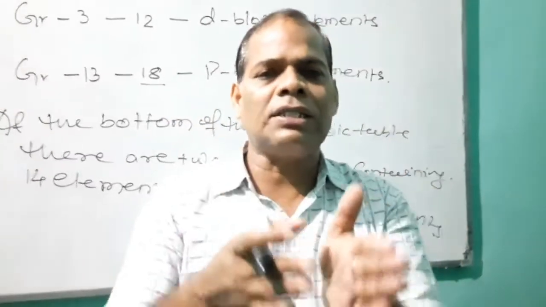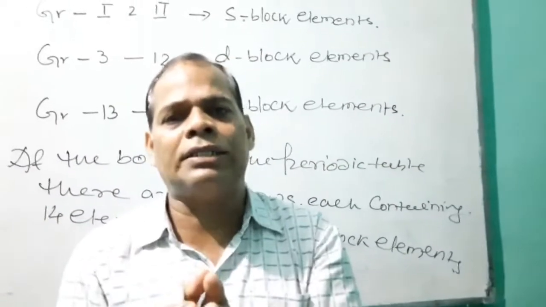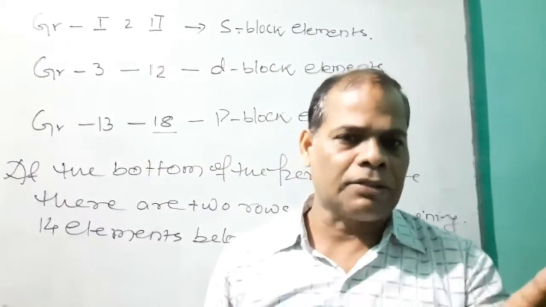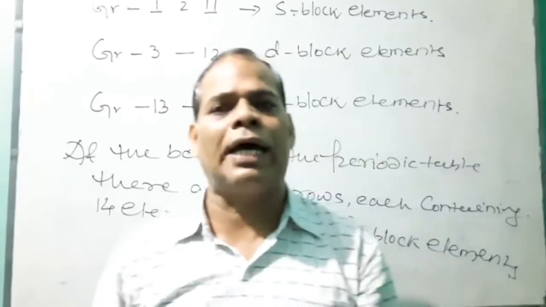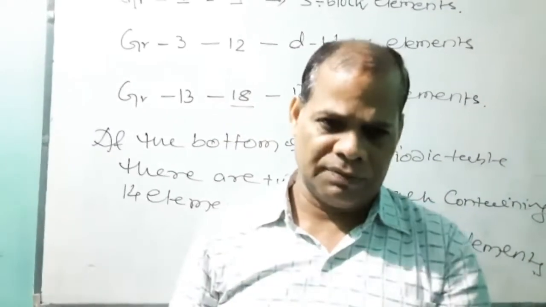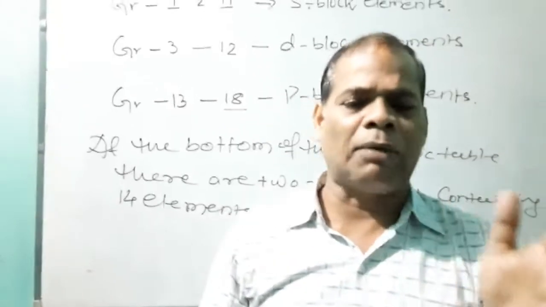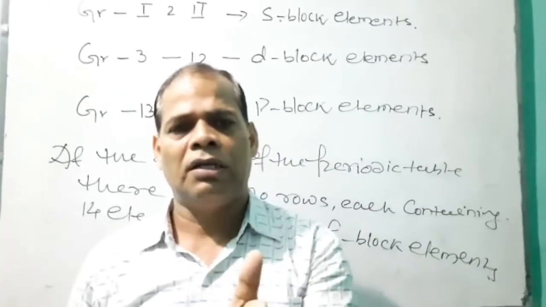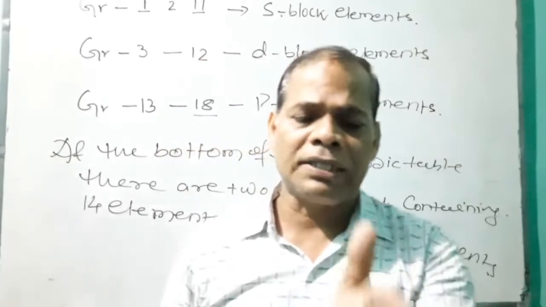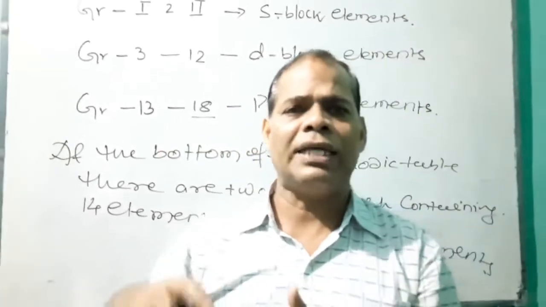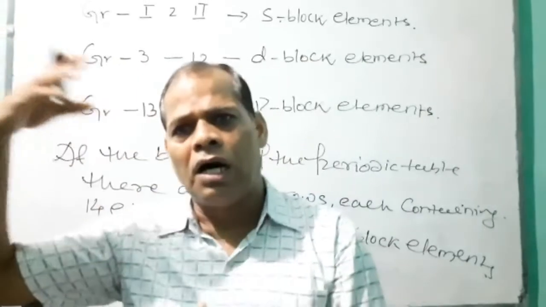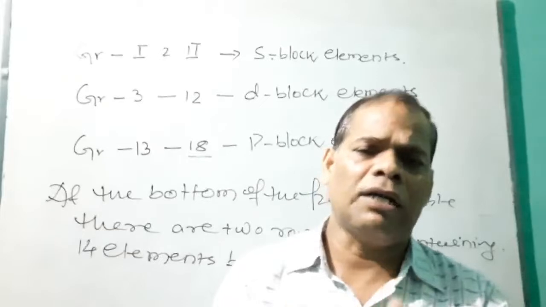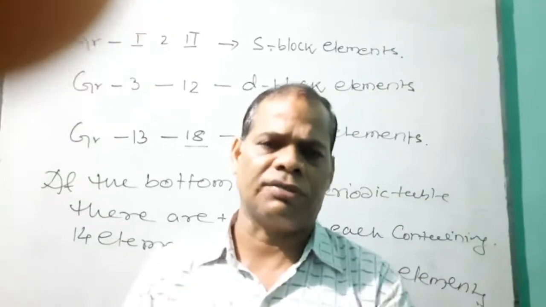Now these metals and non-metals are separated by a zigzag line, and the separated elements are called semi-metals. As I said, on the left side of the periodic table metals are lying, whereas on the other hand, on the right side of the periodic table, non-metals are existing.